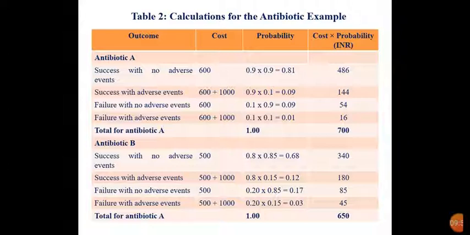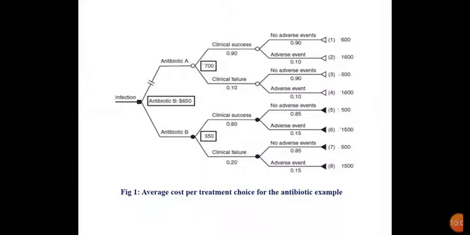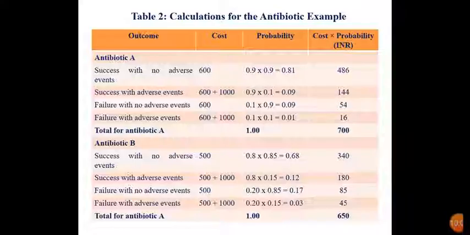Failure with no adverse event, the cost is 600, and the probability is 0.10 into 0.90, that becomes 0.09, and the cost probability is 54.